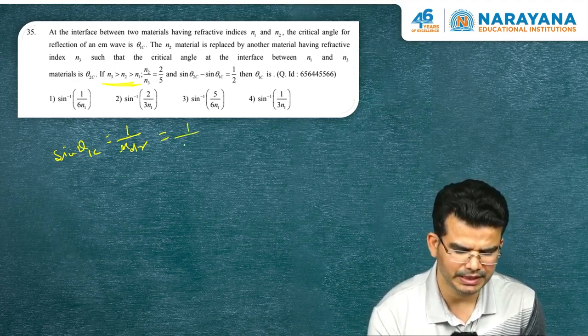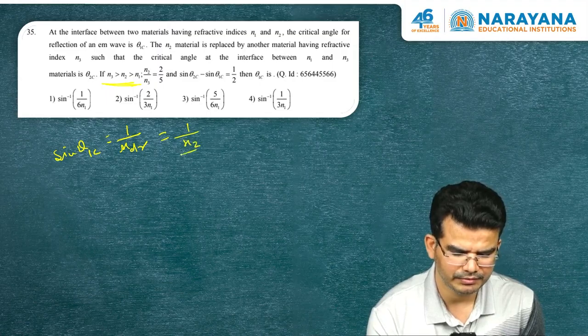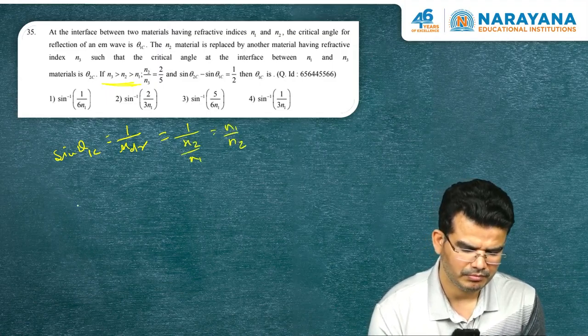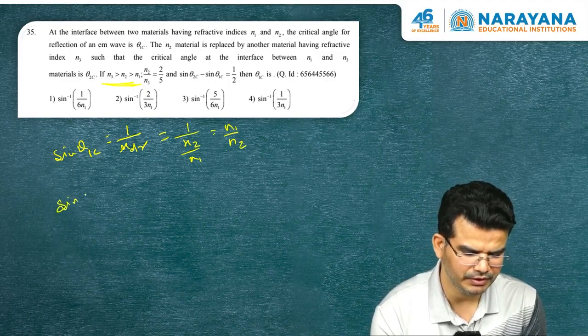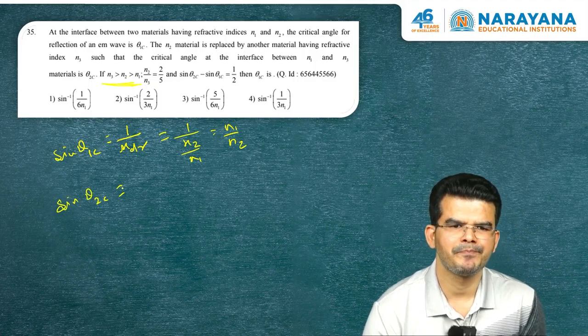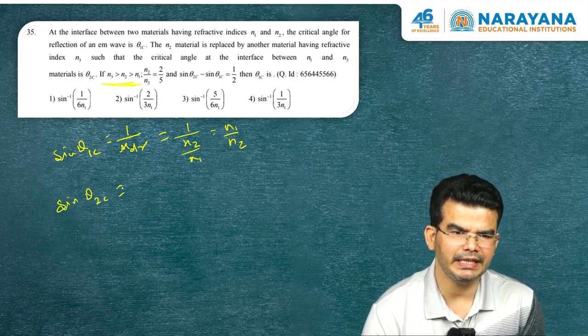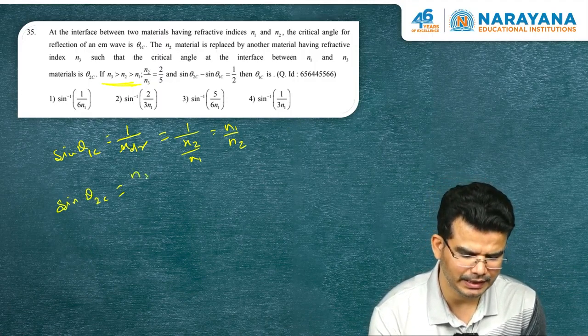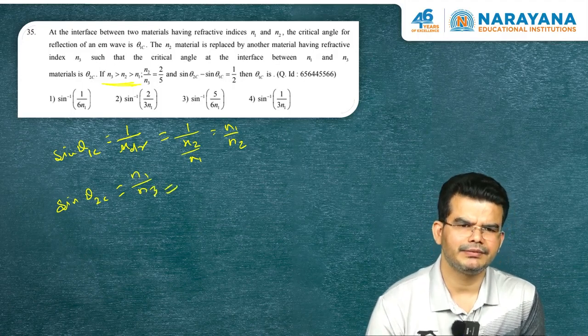So it will be 1 by n2 upon n1, which will simply be n1 upon n2. By the same logic, what will sin theta 2c be? Sin theta 2c is for which media? Just check. It is for n1 and n3. Again n3 is greater, so I can directly write it is n1 upon n3. Very simple. Correct?